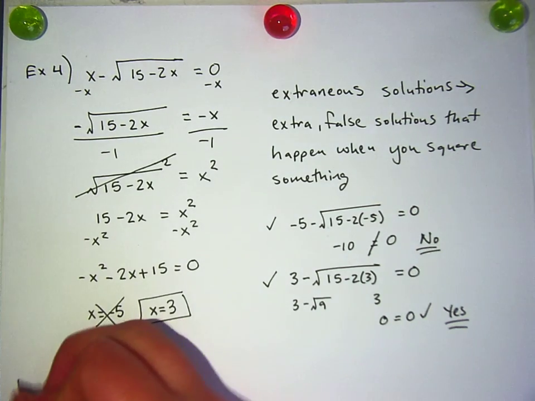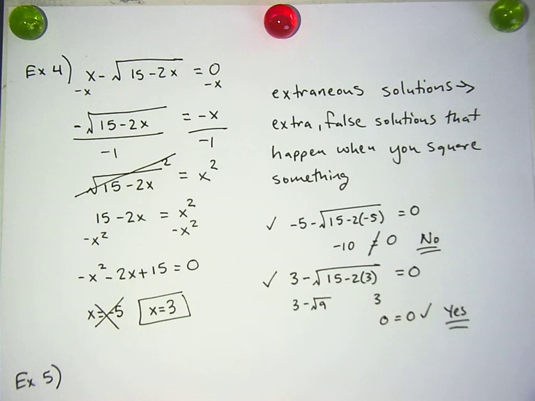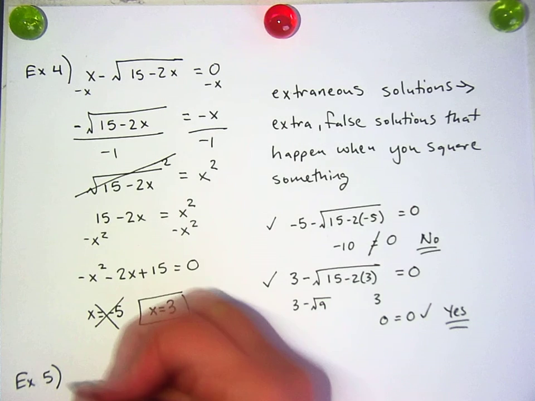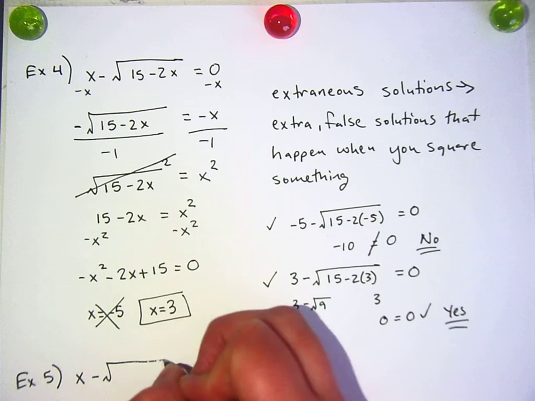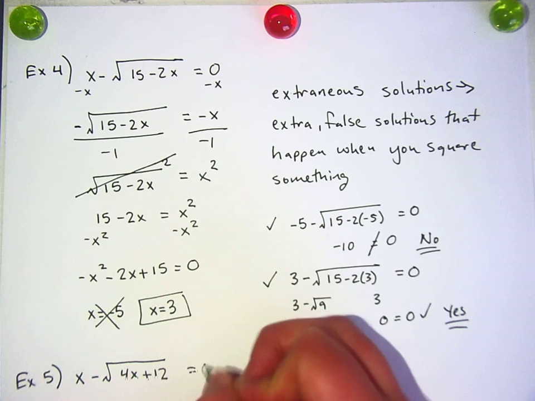Okay. So example 5, this one is going to be you and your partner doing this. Let's try. X minus the square root of 4x plus 12 equals 0.